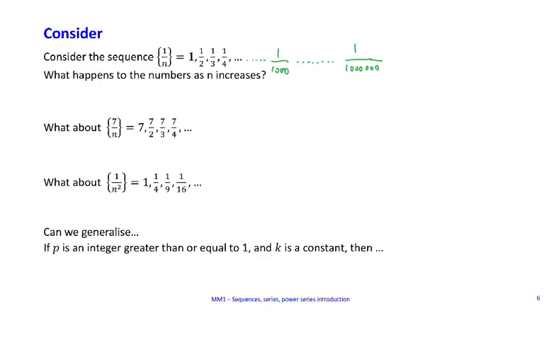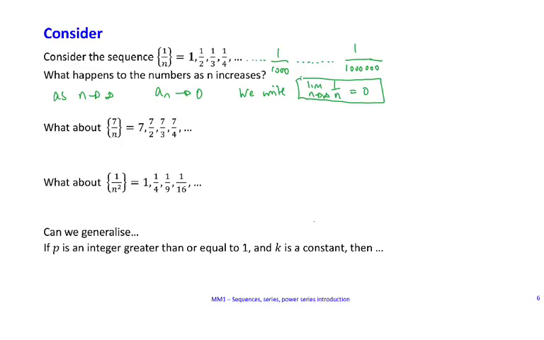It goes to 0. So as n goes to infinity, the terms go to 0. What we write is the limit as n goes to infinity of 1 over n is equal to 0. Okay, so it tends towards 0.